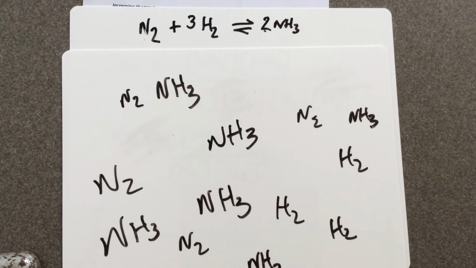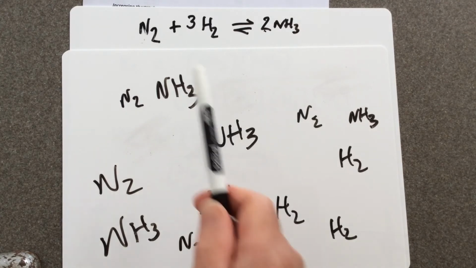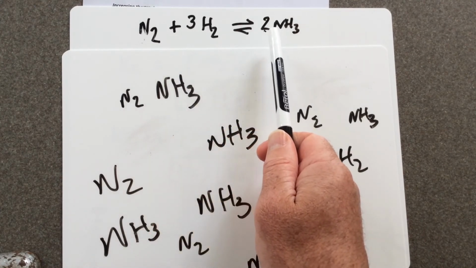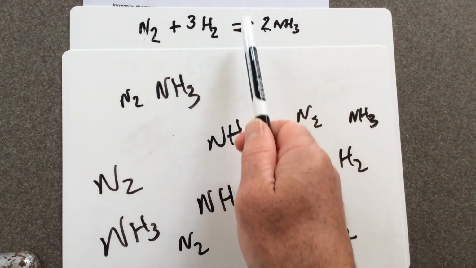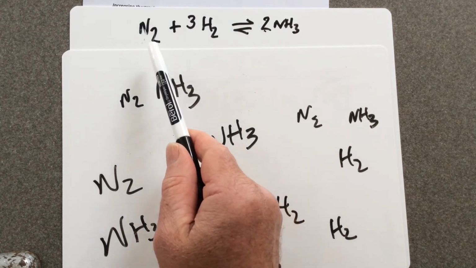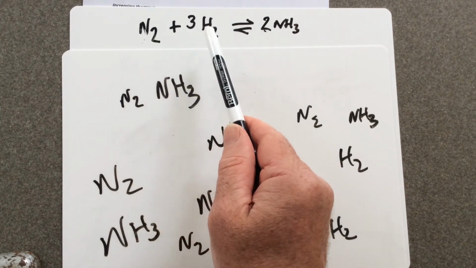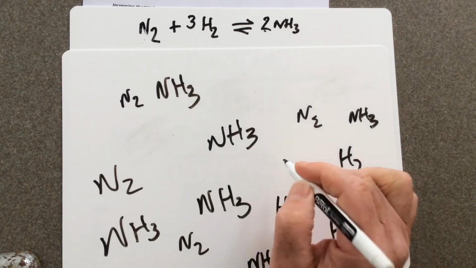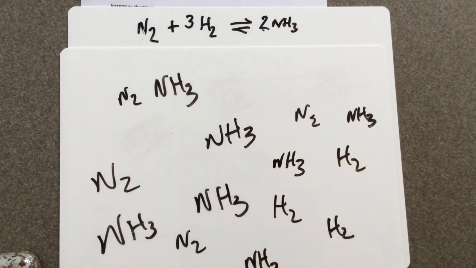So if I increase the pressure, the position of equilibrium is going to move to the side of the reaction where there are the fewest moles. In this case, increasing the pressure will make nitrogen and 3 lots of hydrogen react together to make 2 ammonias. I forgot one of them.